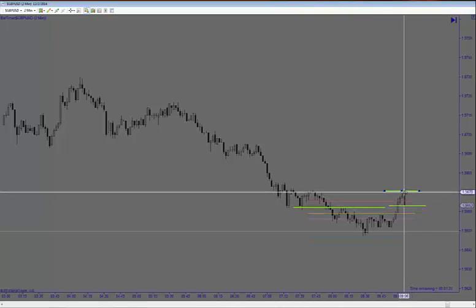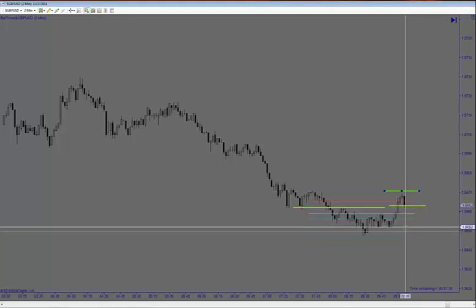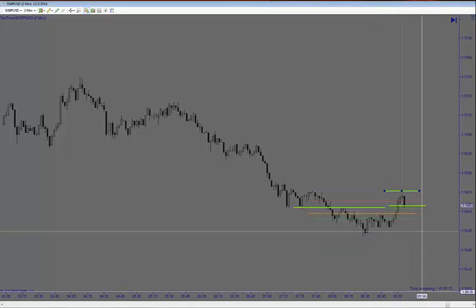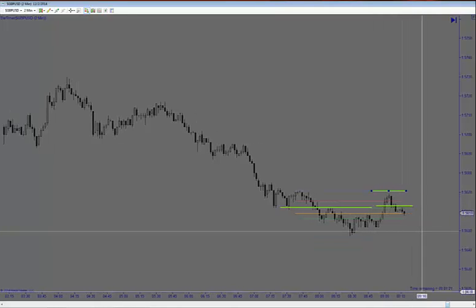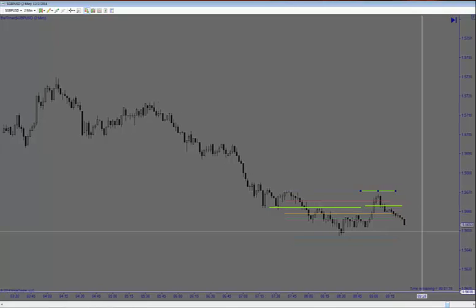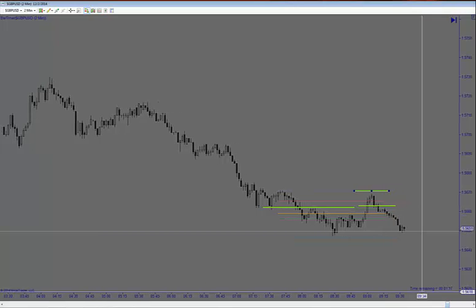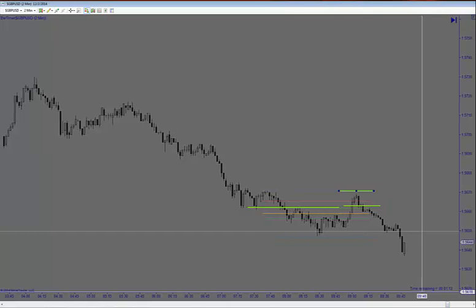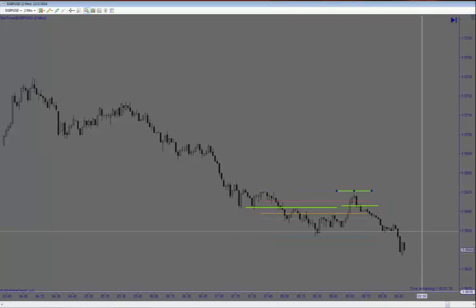We entered here. Our risk is here. Our profit target is at the very least this round number here. Okay? Not because it's a round number, but because there's structure here. Short-term order flow confirms. Okay?